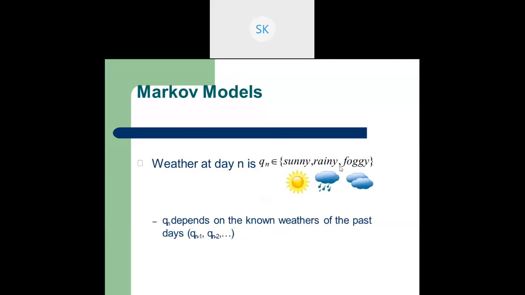So qn is sunny, foggy, or rainy, those are the total possibilities. qn depends on the known weather of the past days. So the present day, day n, depends on the weather of the past days. So qn depends on qn minus 1, qn minus 2, and in this way.